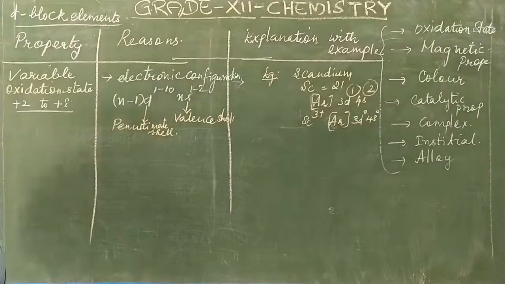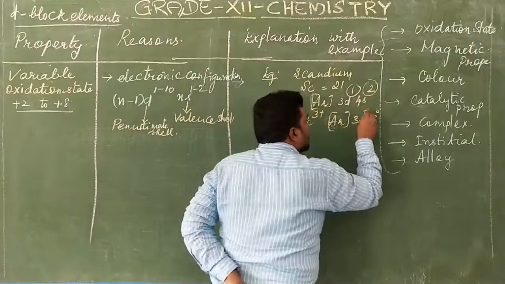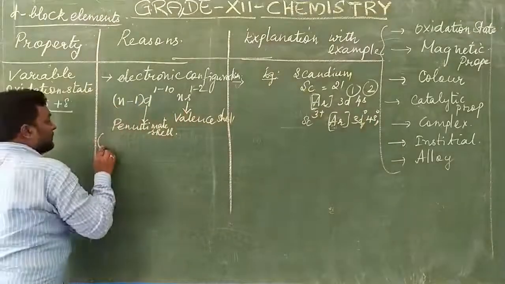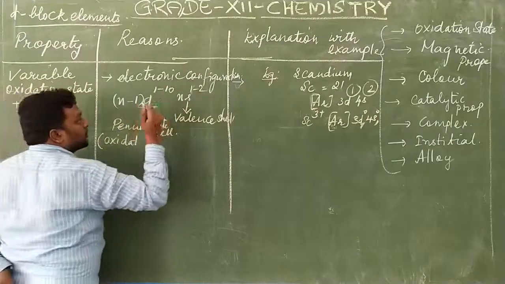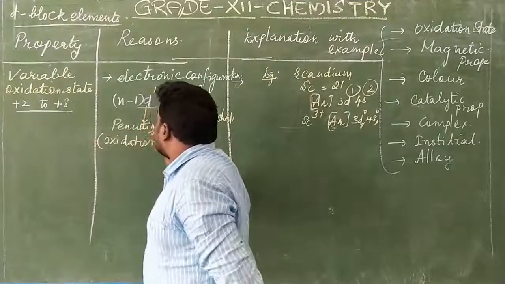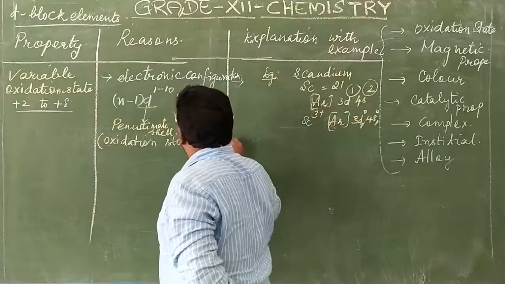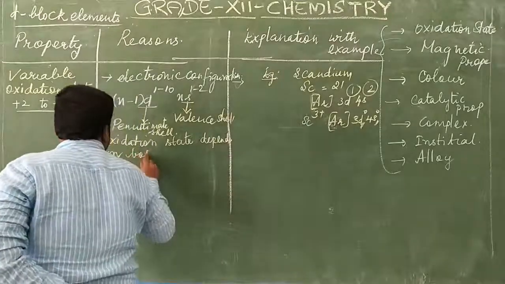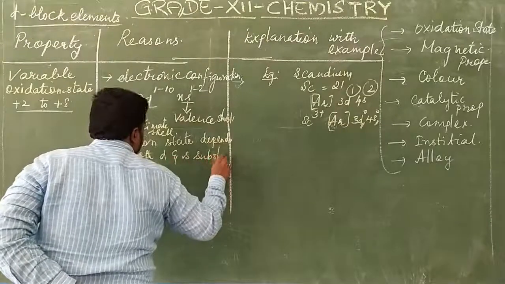The oxidation state, that is 3+, depends on the number of electrons present in the d and s orbitals. In the electronic configuration, both the d subshell and s subshell take part. Therefore the oxidation state depends on both d and s subshells.